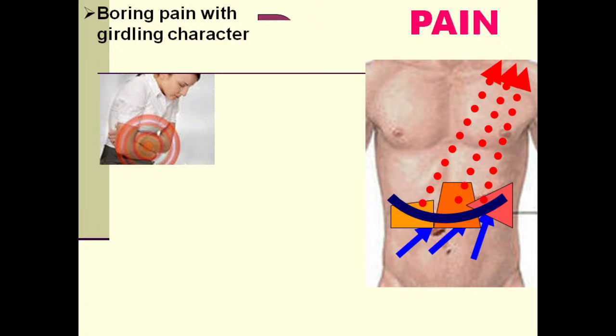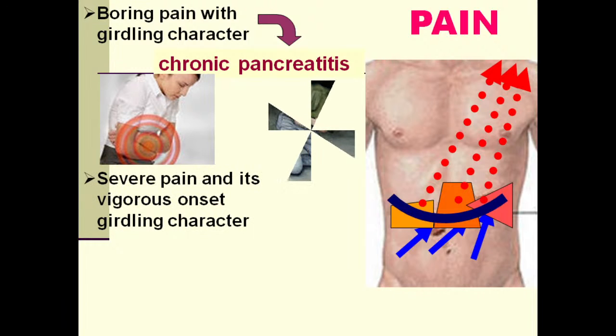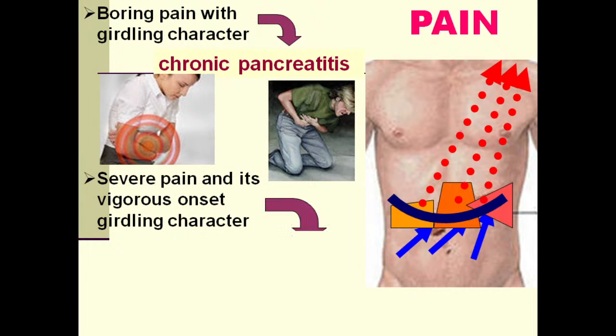The pain has a boring, dull character because the pancreas is a parenchymatous organ. It is prolonged and disturbs the life of the patient. In chronic pancreatitis, it is more intensive, sometimes with vigor of onset. In acute pancreatitis, it may be the result of biliary colic as a complication, or if the patient abuses alcohol or any toxic alcoholic substances.